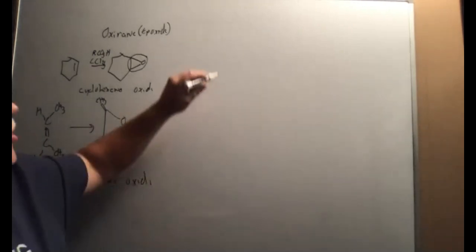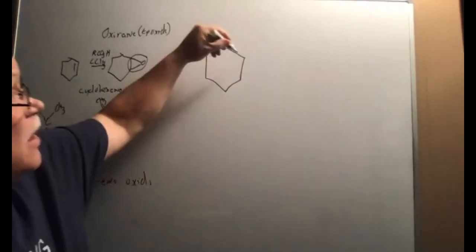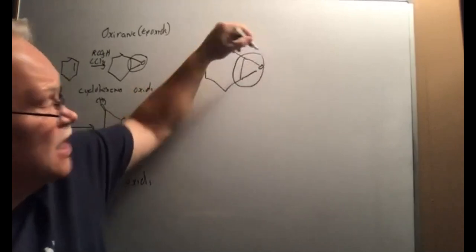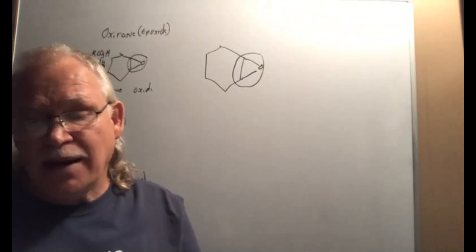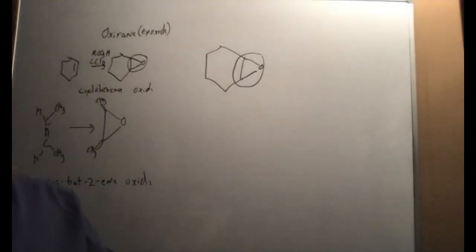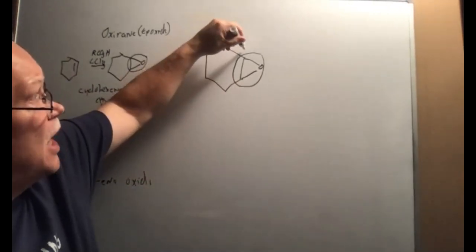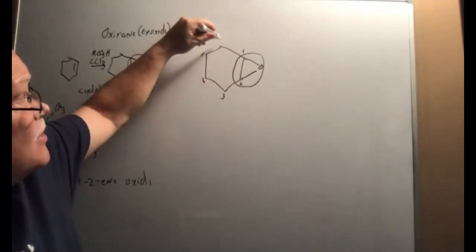Okay, now the second method here is to, let's again look at this compound, and we're going to name this whole piece as a functional group. And the way we name it as a functional group is we're going to name it as an epoxy group. So we're going to number our carbons just like we would always do. 1, 2, 3, 4, 5, 6.